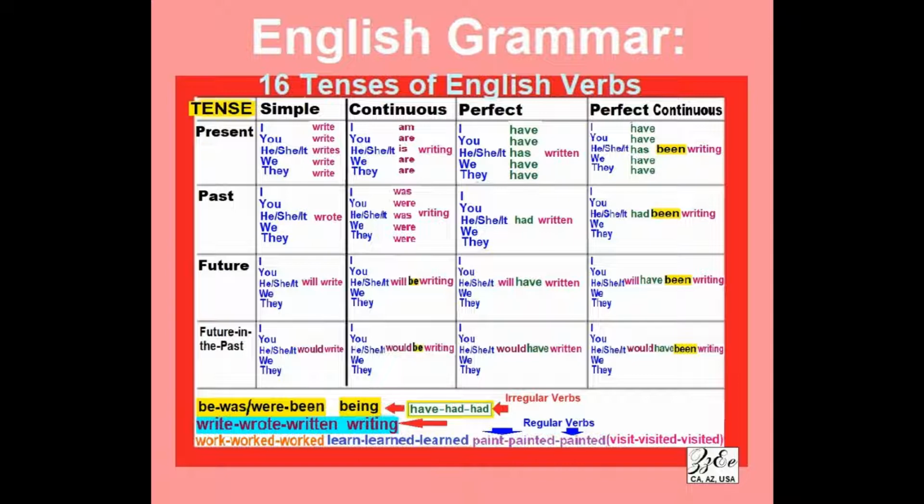So between never, 0, and always, let's say at the top 100, after always, if we go down, we go often, usually, sometimes, seldom, or rarely, and then we come to never. We call these adverbs of frequency.